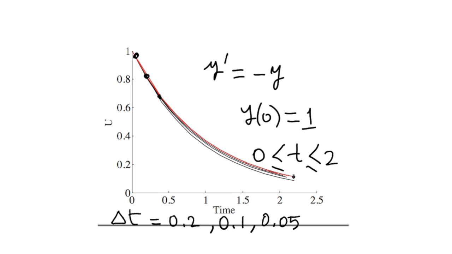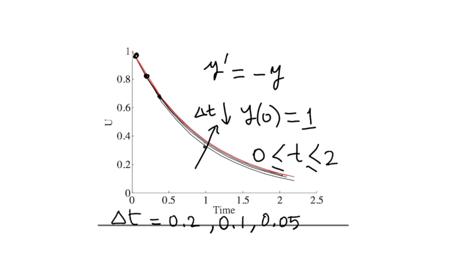The red line in this plot is the exact solution, which is this e to the minus t solution for this differential equation with this initial condition. And so we can compare the numerical solution with the exact solution, and you can see that as we reduce delta t, we're going in this direction. So the largest delta t is the solution which has the largest error.